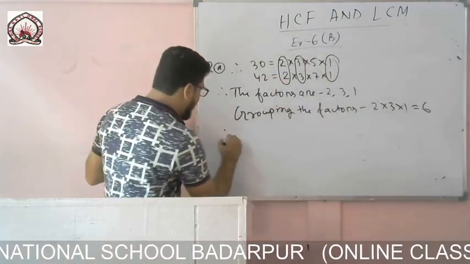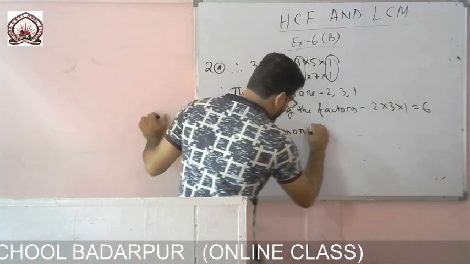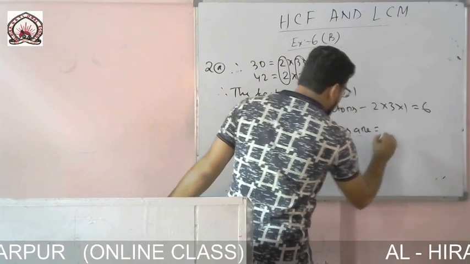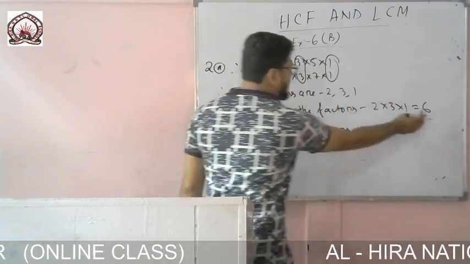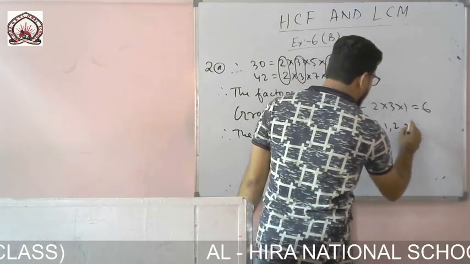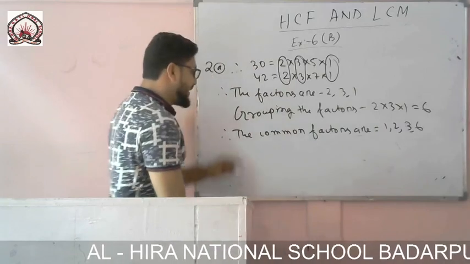Okay. Now write the common factors are: earlier 2, 3, 1, and now newly added 6. So 1, 2, 3, 6. Right.